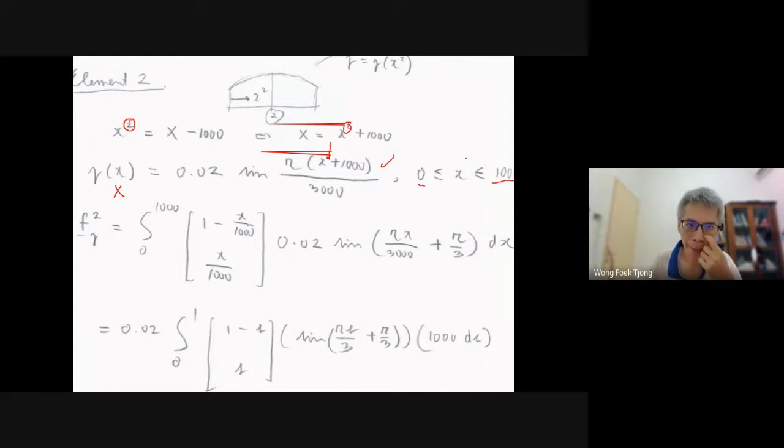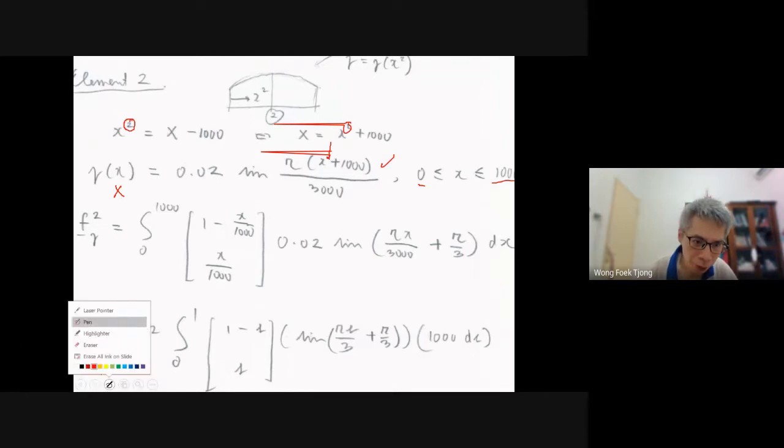The shape function remains the same, no difficulties here. The integral goes from 0 to 1000. This is N transpose, this is p. We can write it as pi x by 1000, this is 1/3 pi over 3 dx.